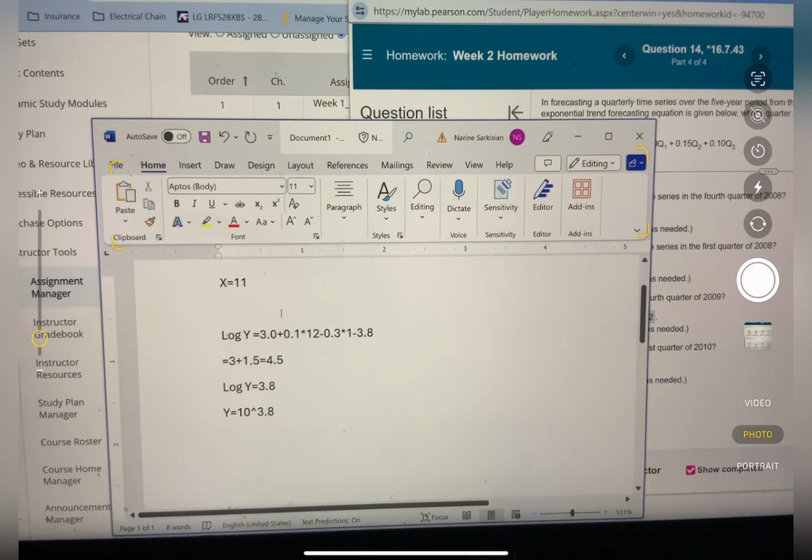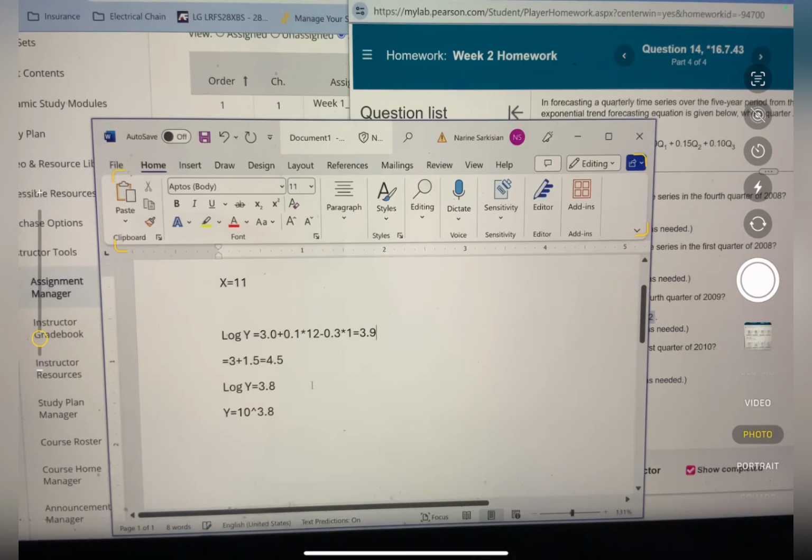So what are we going to get? 1.2 plus 3, I'm getting 4.2, and minus 0.3 and get 3.9. This is equal, not minus. Hold on. 3.9.